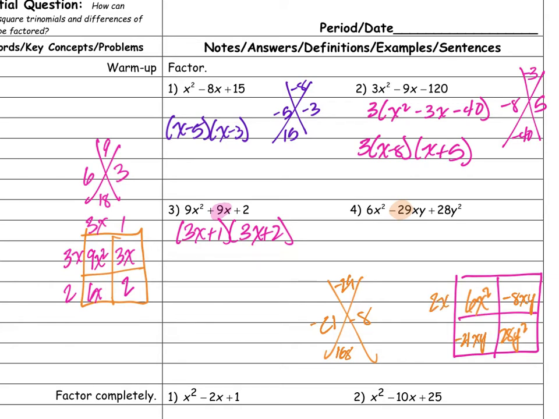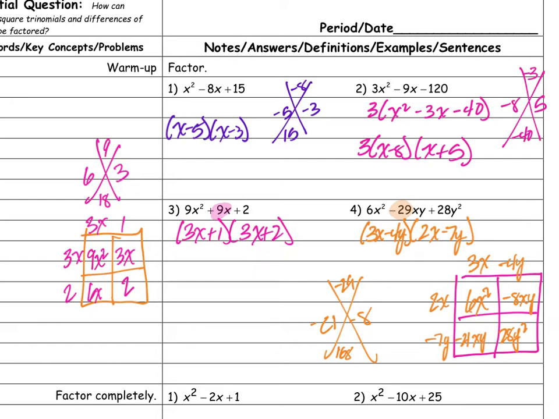And this would be -7y. And this one should be 3x and -4y. So it should factor to be 3x minus 4y times 2x minus 7y. Okay? That's all.